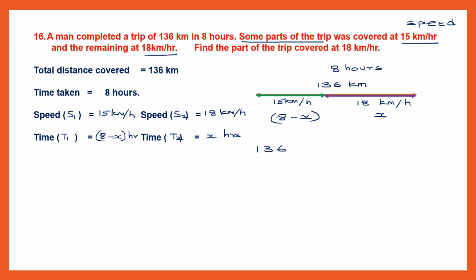So 136 kilometers is the total distance. What is the formula for distance? To find distance, the formula is speed into time. So let's write speed 1 into time 1 plus speed 2 into time 2. When we add up both these, we will get the total distance covered, which is 136 kilometers.